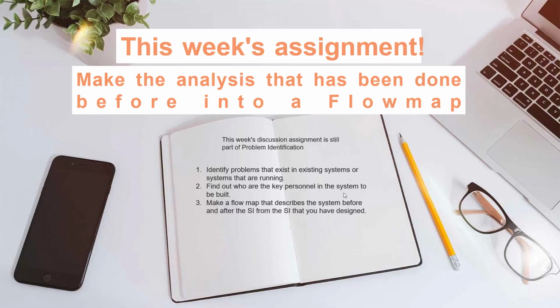Jadi, make the analysis that has been done before into a flow map. Jadi, this week discussion assignment is still part of problem identification. And the first one, you must identify the problem that exists in the existing system or system that are running.